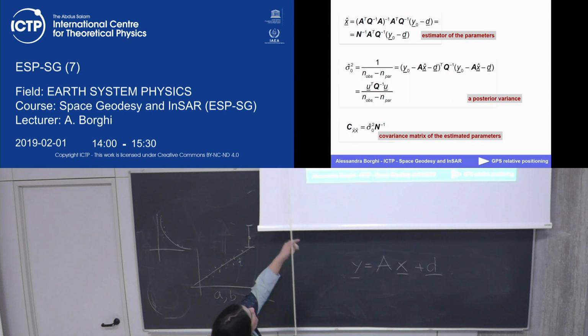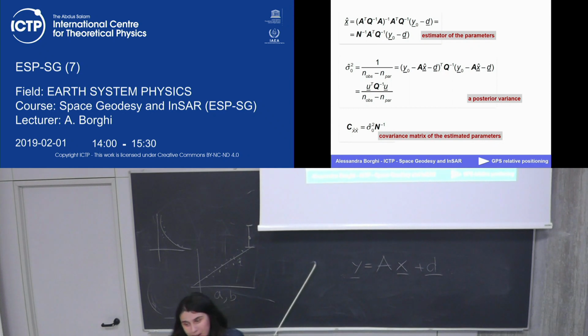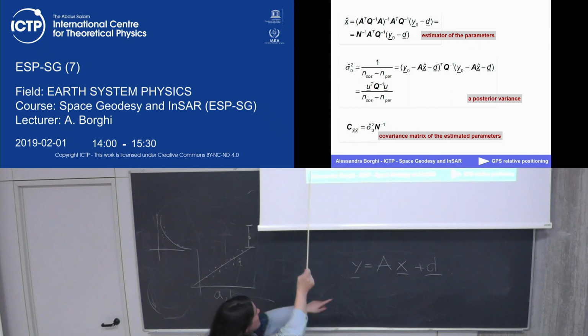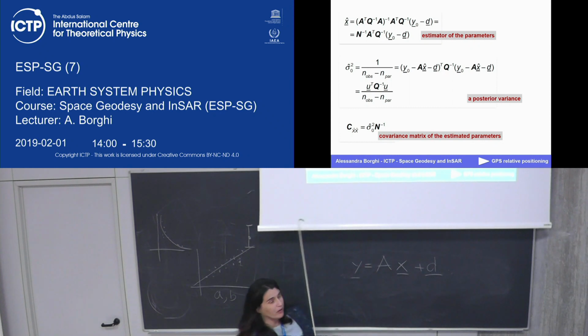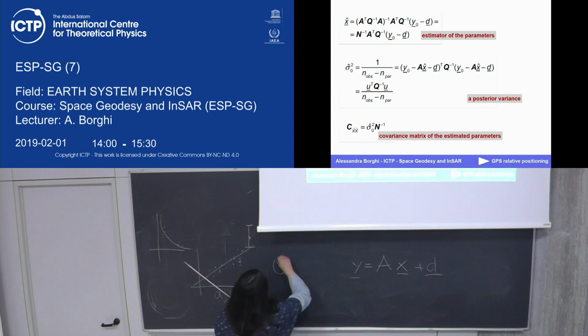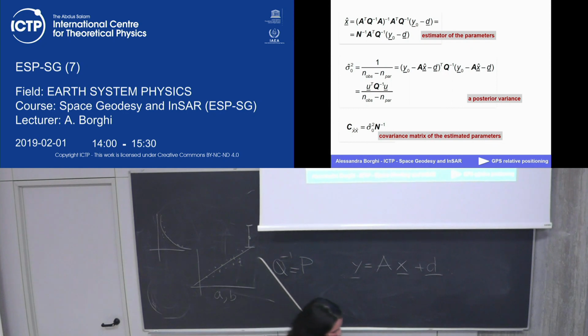In this formula we have N. N is the normal matrix. Often in practical programs you see the normal system, the normal matrix, that is this quantity. It is the product of the transpose of the design matrix multiplied by Q minus 1, that means the cofactor. Often Q minus 1 is called the weight matrix.